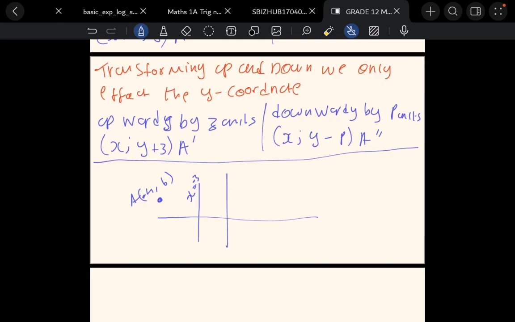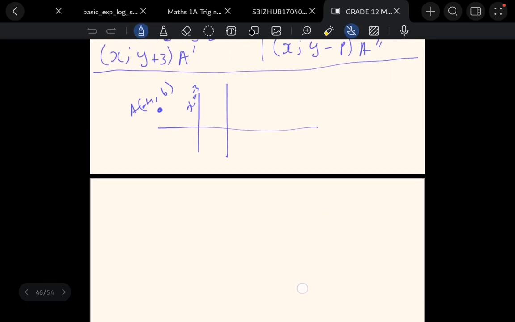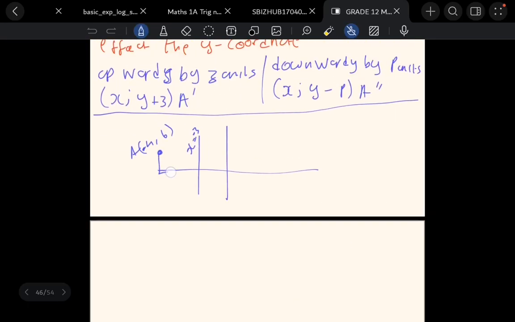To reflect the point about this line, we calculate its distance from the line, and then use that distance to find the new point. A reflection is that easy.